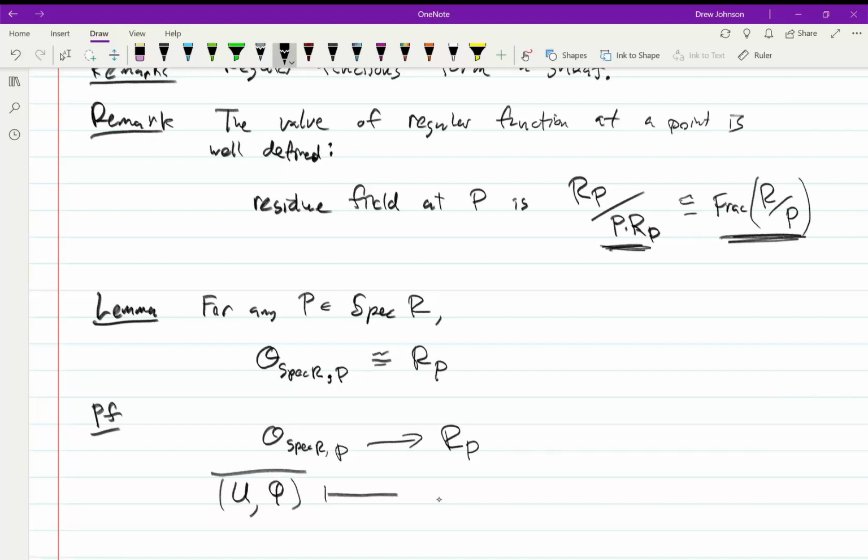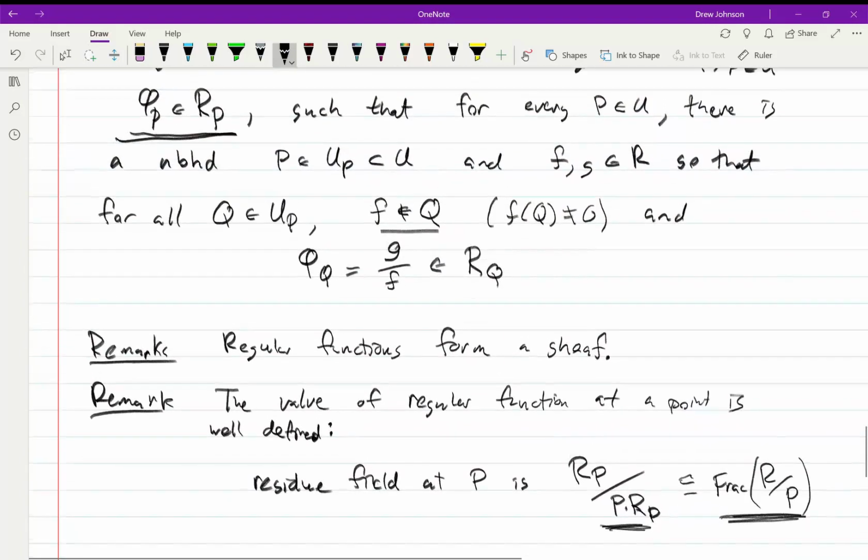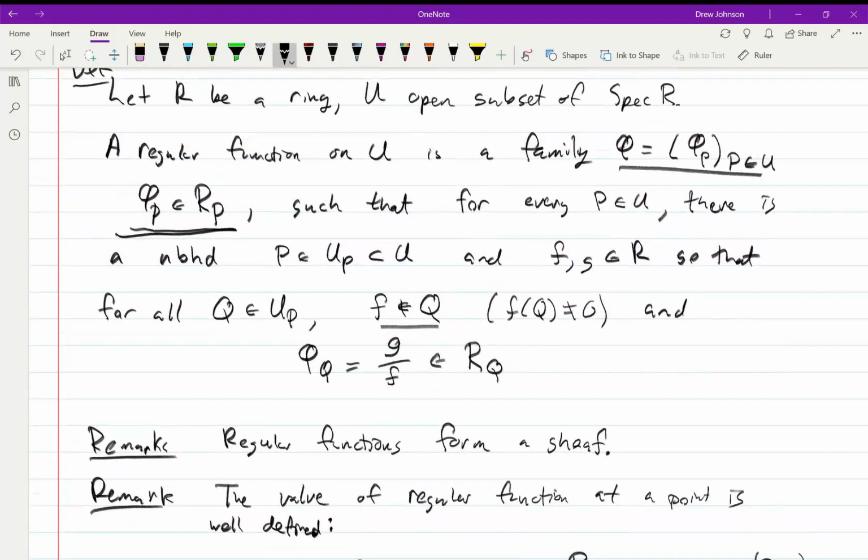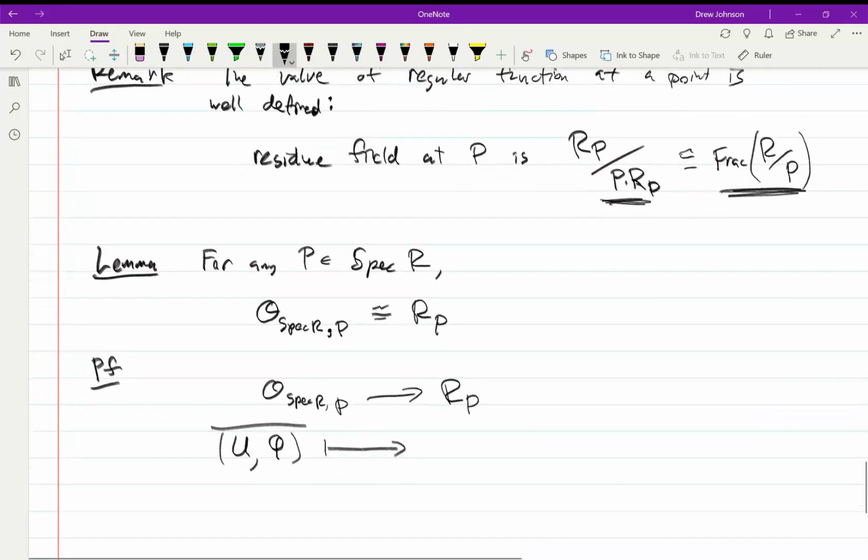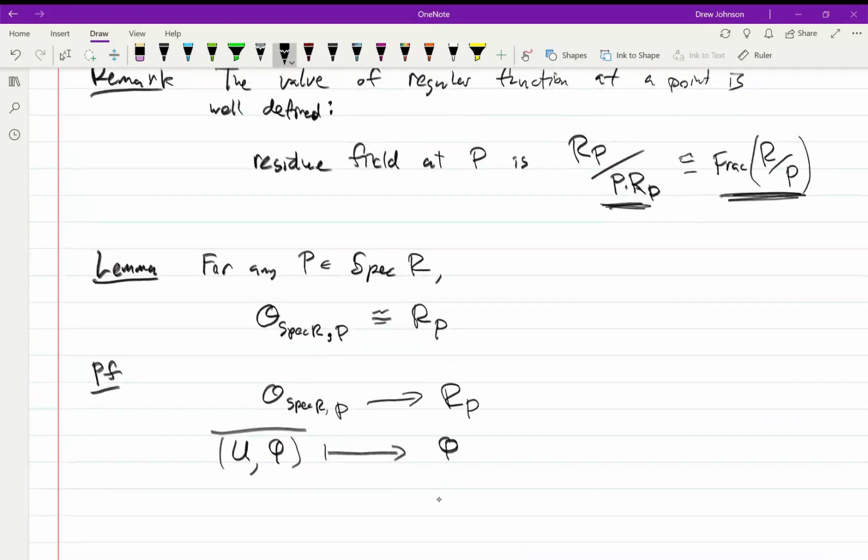And we'll just map that to, well, what is a regular function on an open subset here? According to our definition, it's a family like this, right? So the obvious thing you want to do is just take this to phi_P. Okay, and it turns out that's an isomorphism. So I'll leave the checking of that to you. You can look it up in the notes.